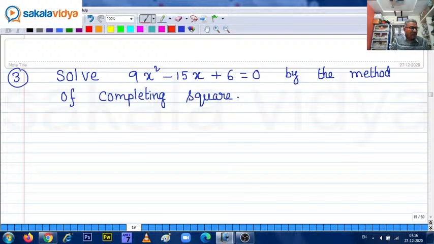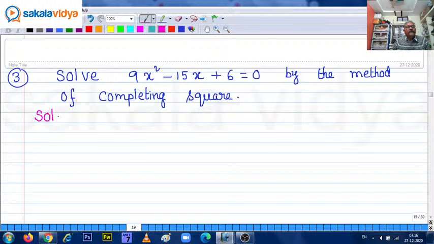Solve 9x square minus 15x plus 6 is equal to 0 by method of completing square. Right. See, the first step.